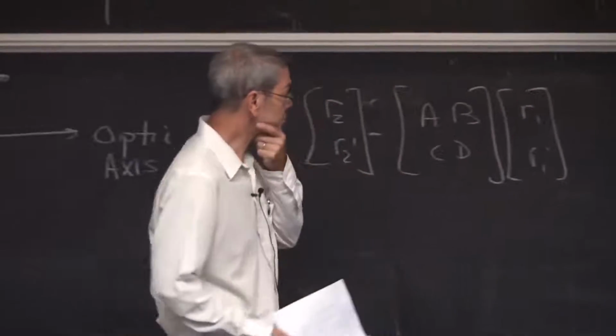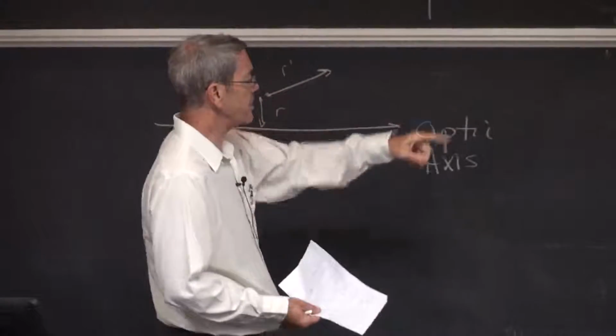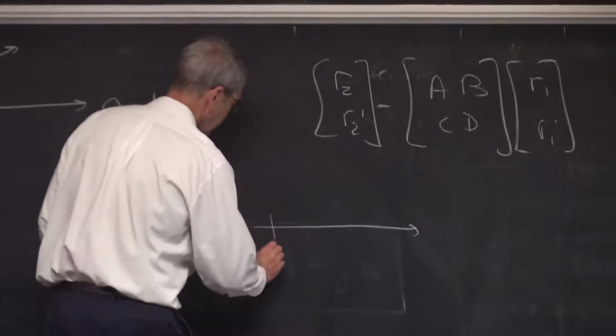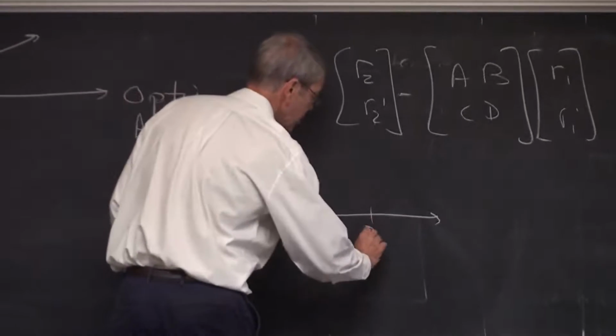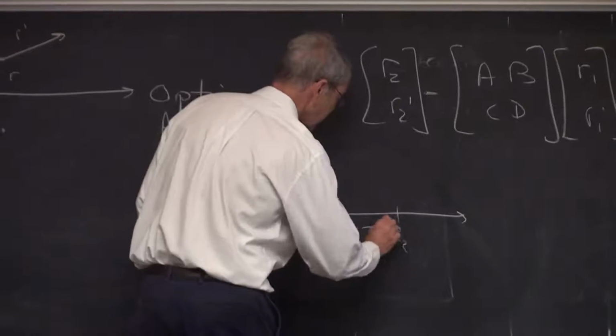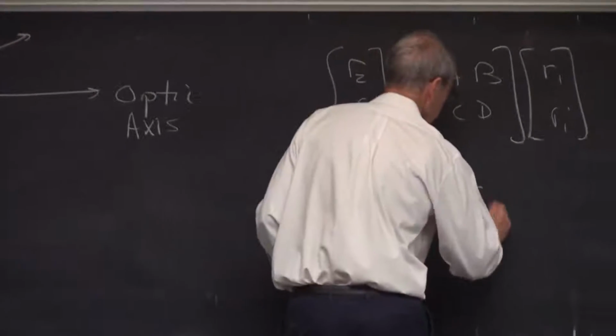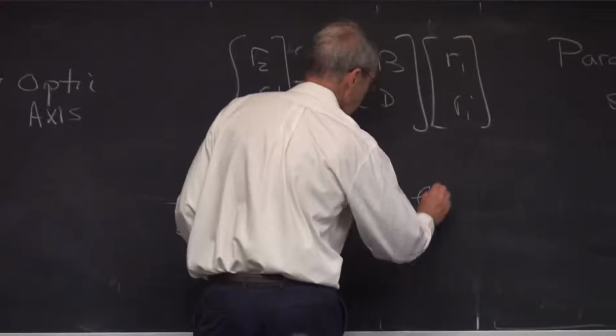So we did some examples. We developed some ABCD matrices. One was for propagation, going from, say, Z1 to Z2, and this is a distance L. We found the matrix for this, if you recall, was simply 1, L, 0, 1.